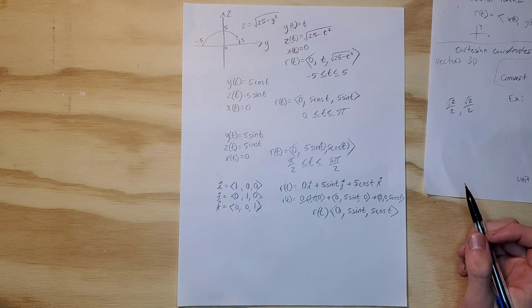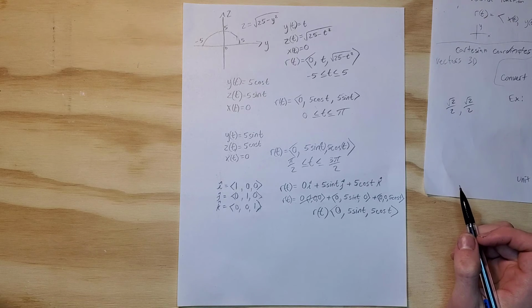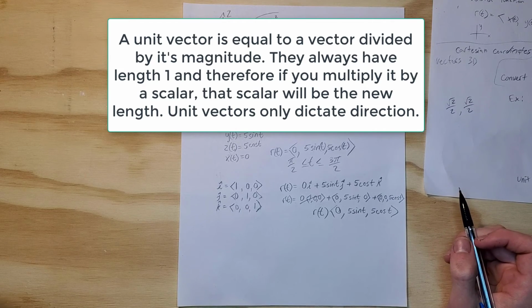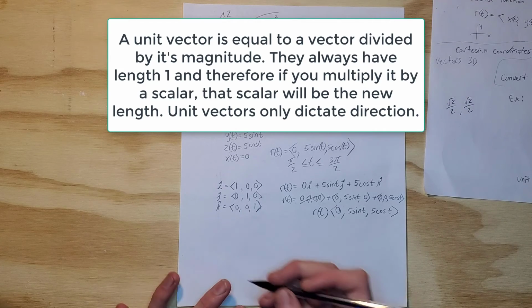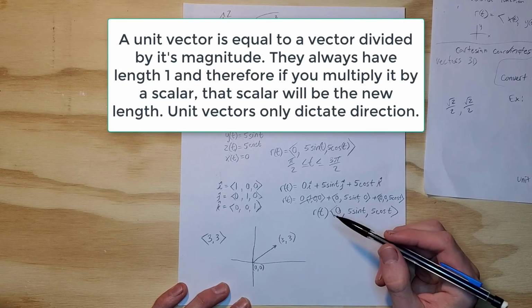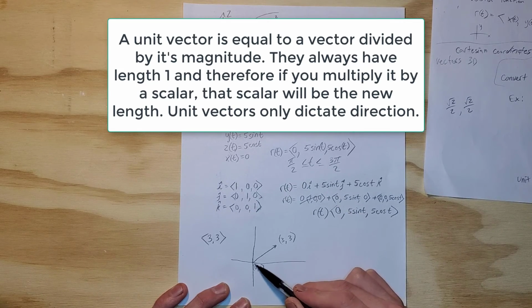So earlier I had mentioned that a vector has both magnitude and direction. However, sometimes we can use a vector to represent only the direction by dividing out the magnitude. For example, if you're given the vector 3, 3, when you graph it out, it has both direction and length.